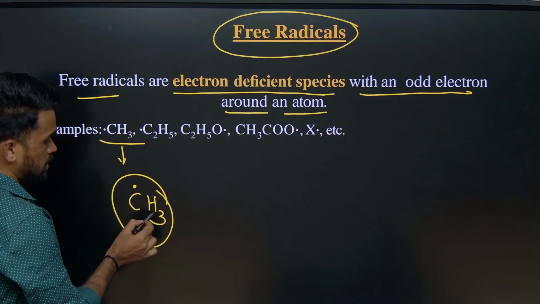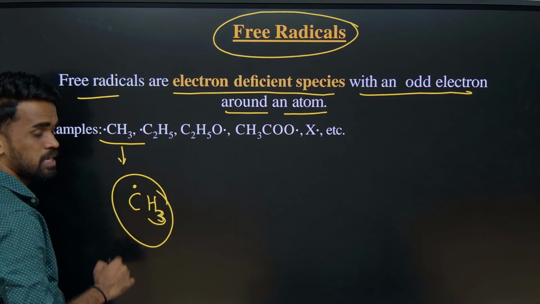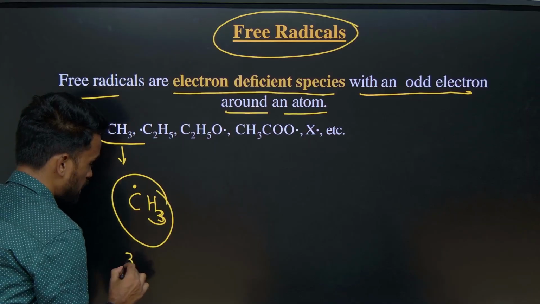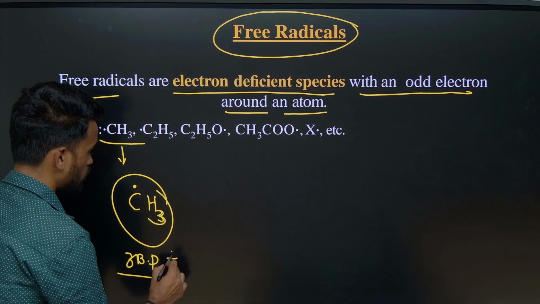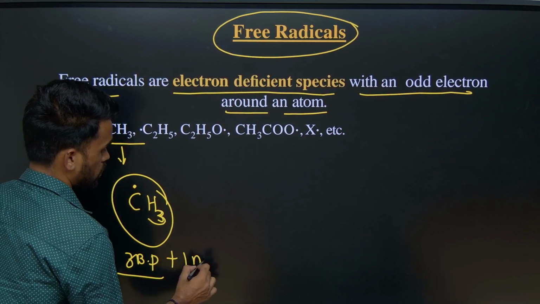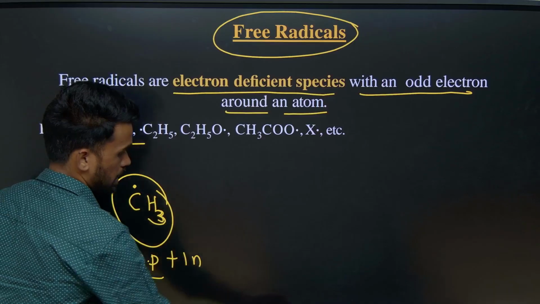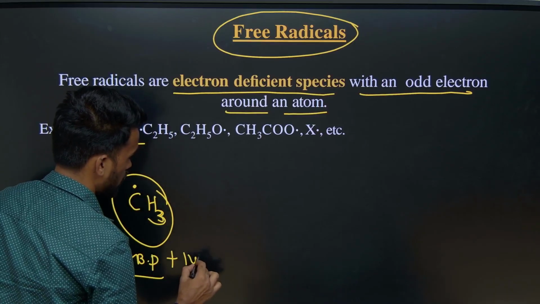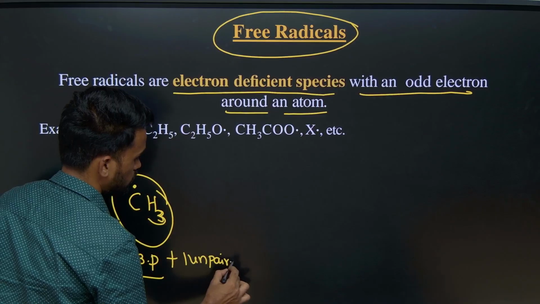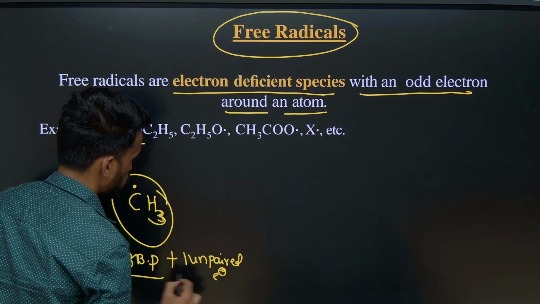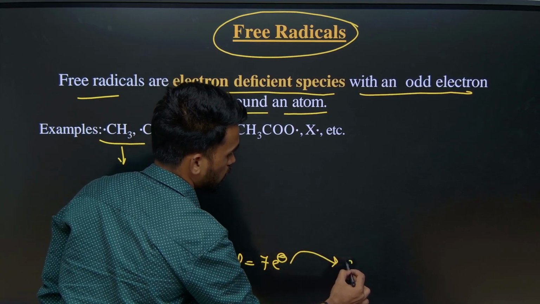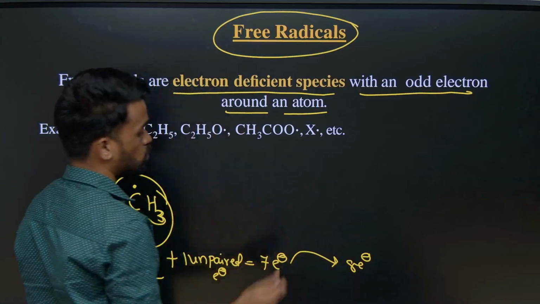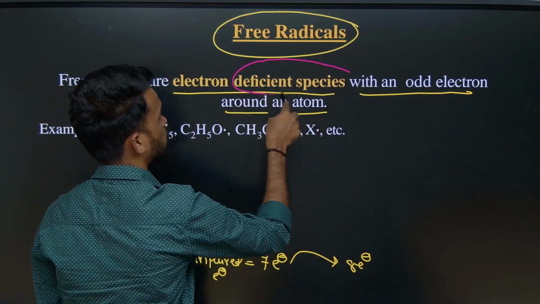Three hydrogen atoms are attached, so there are 3 bond pair electrons, plus 1 non-bonding, unpaired electron. So in total we have 7 electrons. To make an octet configuration of 8 electrons, we require one more. That's why it is said to be deficient.